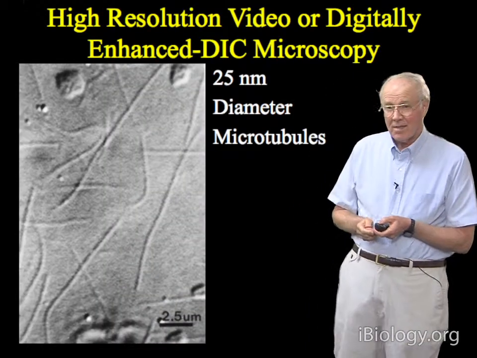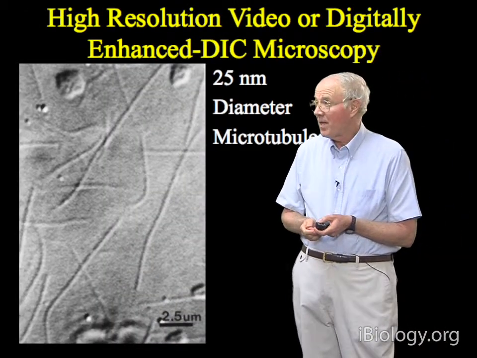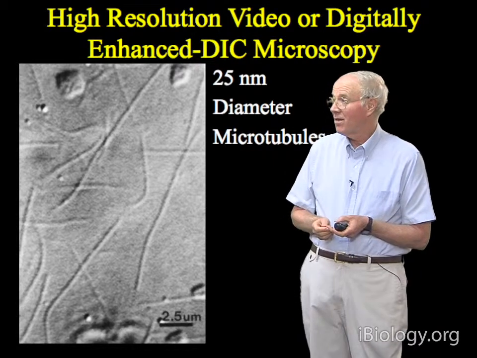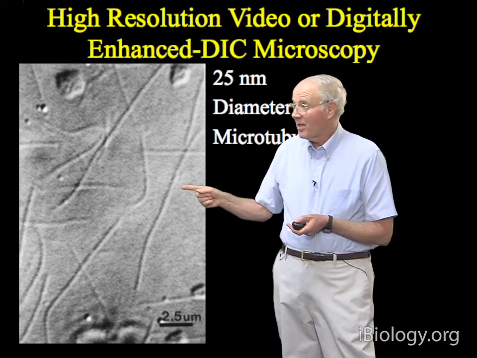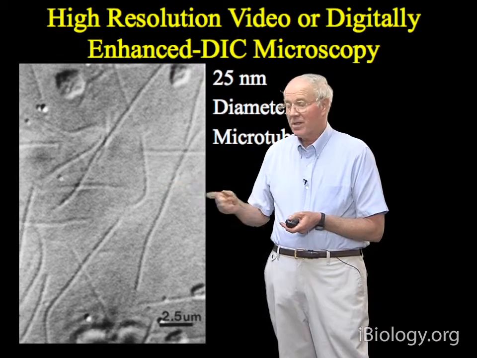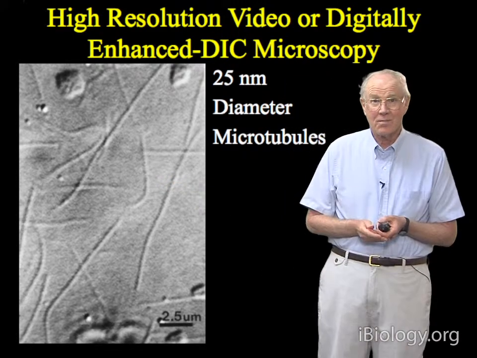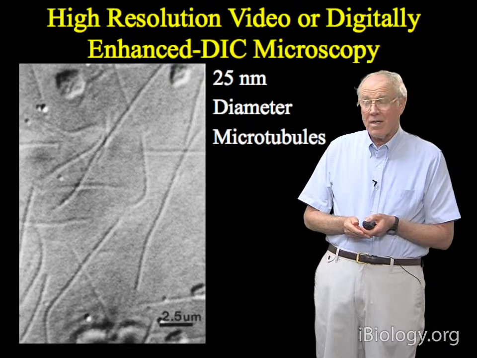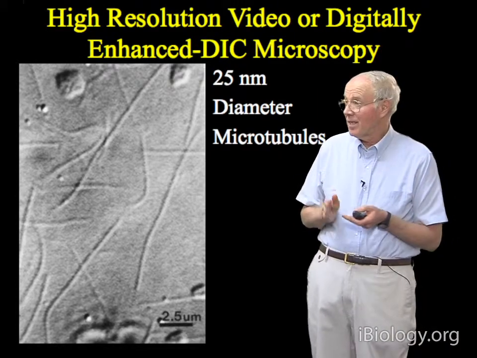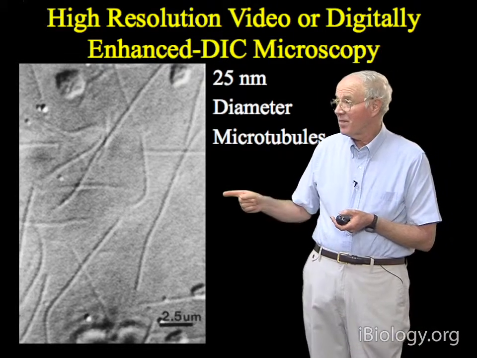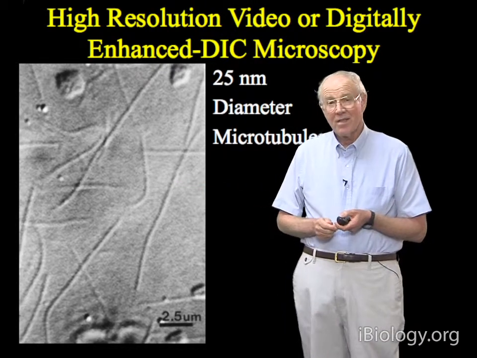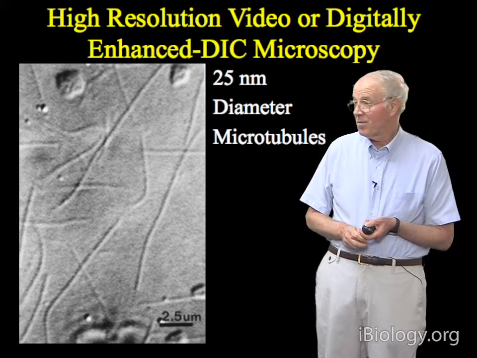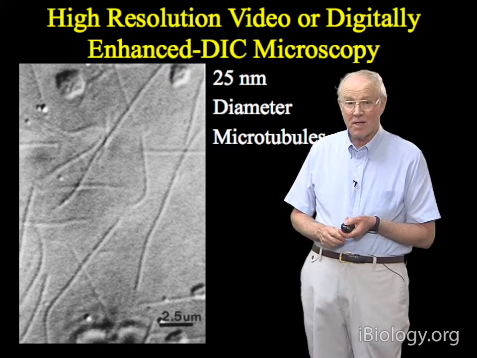Now, I'd like to say a few words about high-resolution video or digitally enhanced DIC microscopy. Now, if you look down the microscope at this specimen, you can't see the microtubules. The eye is sort of a logarithmic detector and is unable to see the contrast from the little bit of scattered light from these native microtubules relative to the background.